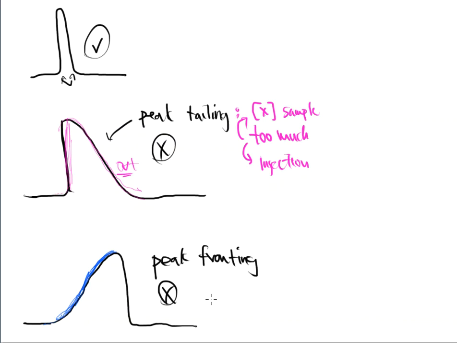So whenever I see peak fronting, that traditionally means that the stationary phase is wrong. Maybe I don't need to use silica and alumina. Maybe I need to use a different stationary phase to allow this separation to take place a little bit better and to allow the molecule to interact with the stationary phase a little bit better. And I need to make that change, and I need to make that choice.